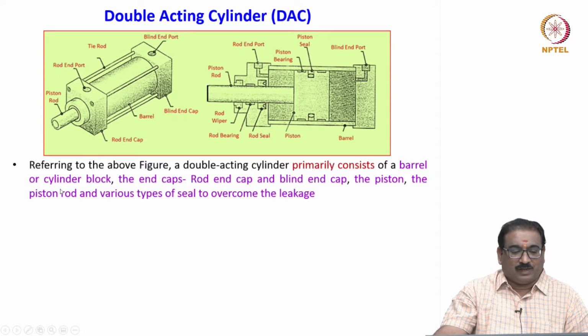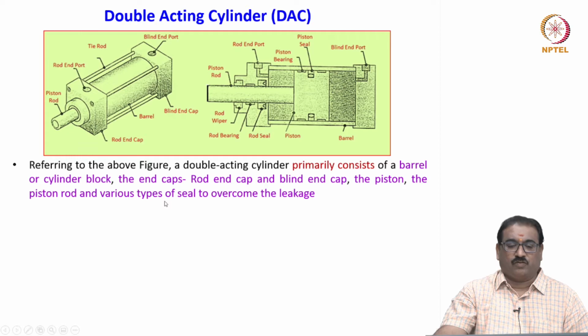Now, let us see very quickly, referring to the above figure, a double acting cylinder primarily consists of a barrel or a cylinder block, the end caps, the rod end cap and a blind end cap, the piston rod and various types of seals to overcome the leakage.